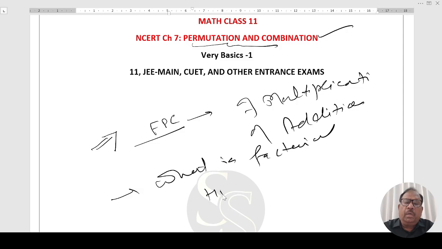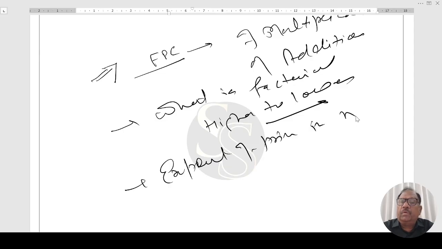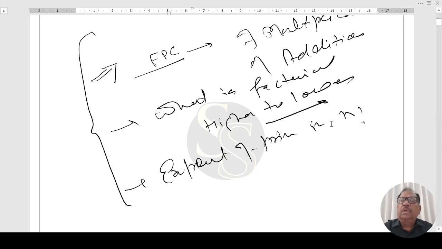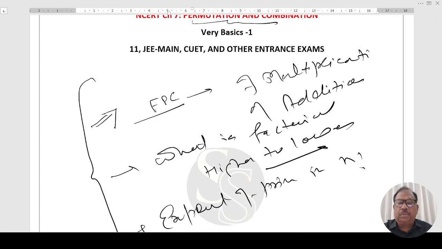How can higher be converted to lower? And exponent of prime in factorial n. All these topics will be discussed through illustrations. Now let's start with the concept and questions.